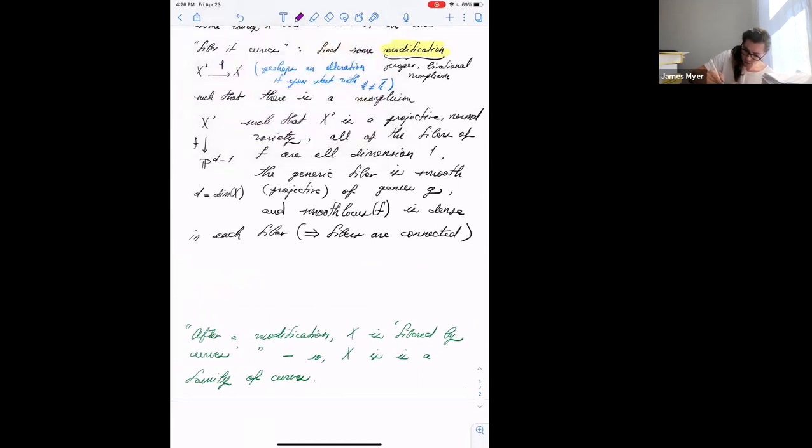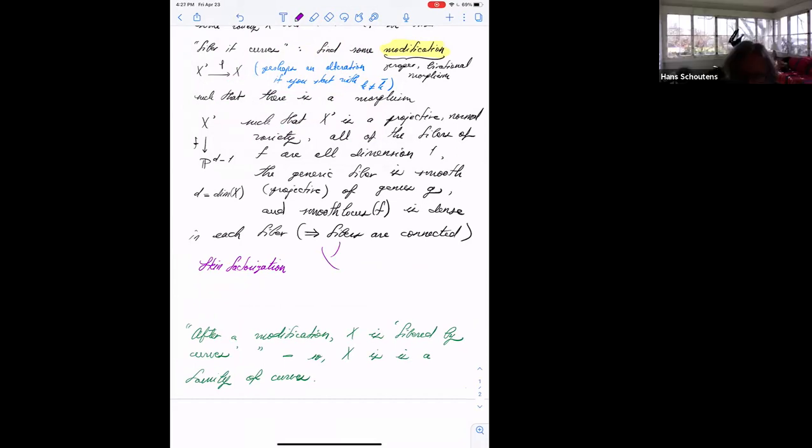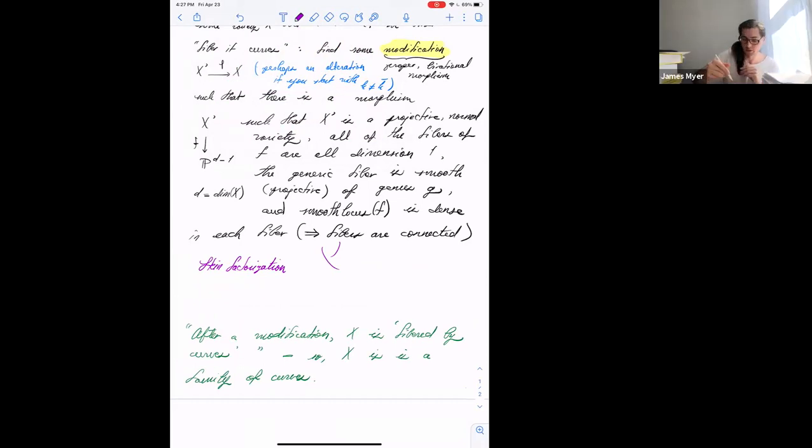The Stein factorization is this thing that you can do with any morphism, actually, where you take the fibers. I'll draw some cartoon, but of course it's just a cartoon, but it kind of gives the impression. That'll be an alteration, right? So here, let me explain.